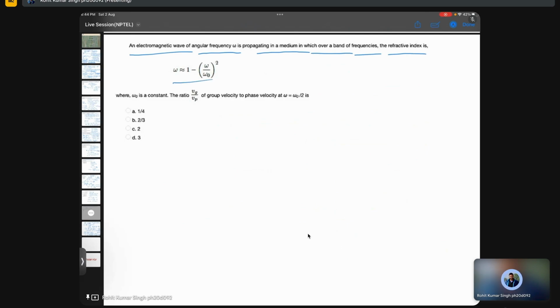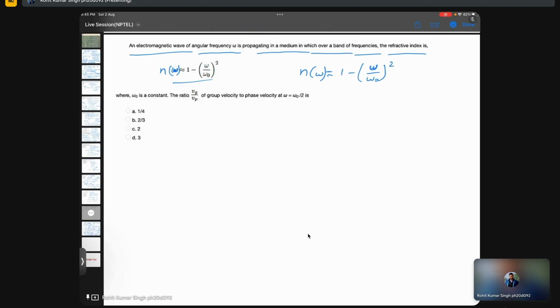Now what does it mean, over a band of frequencies? By the way, here is a typo basically. This is not omega, this should be n. n as a function of omega.